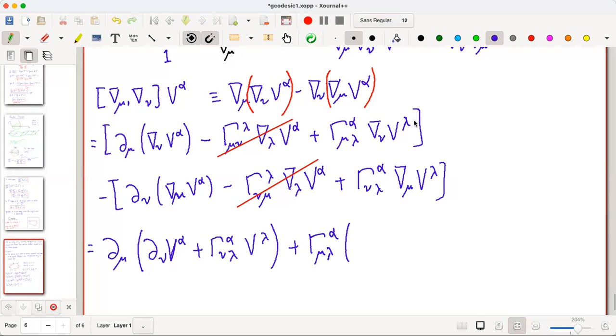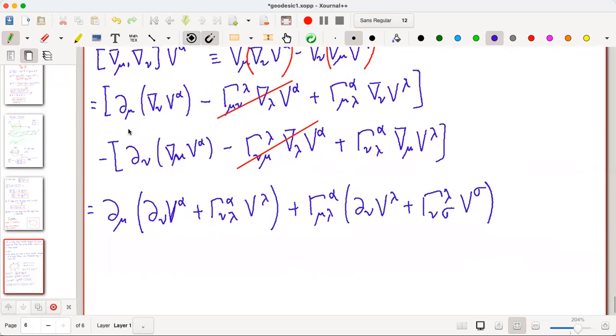Now we open this one as well: partial nu v lambda plus gamma lambda nu, and I need another index, I'm going to call it sigma, v sigma.